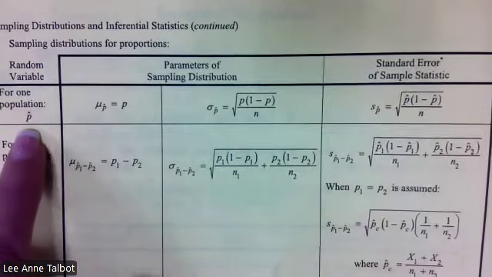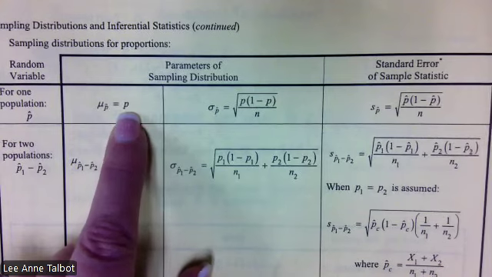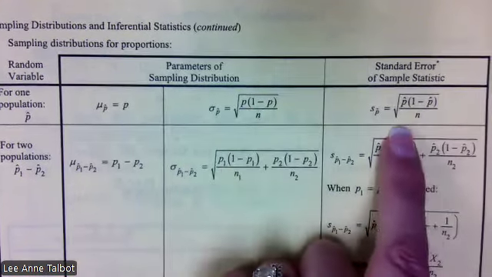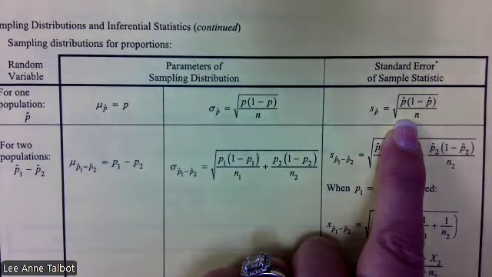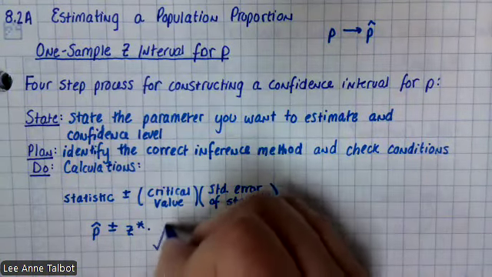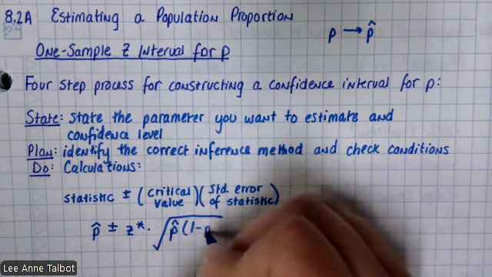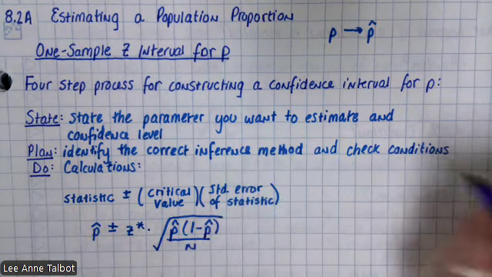This is saying for one population, P hat, the mean of the sampling distribution is P, the standard deviation of the sampling distribution is this, and the standard error of the statistic is this. Do you guys see it? So you're going to go times the square root of P hat times 1 minus P hat, over n.